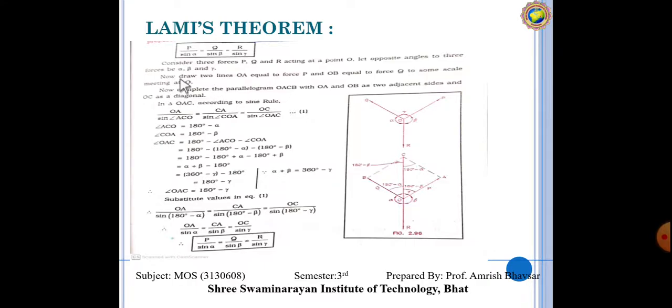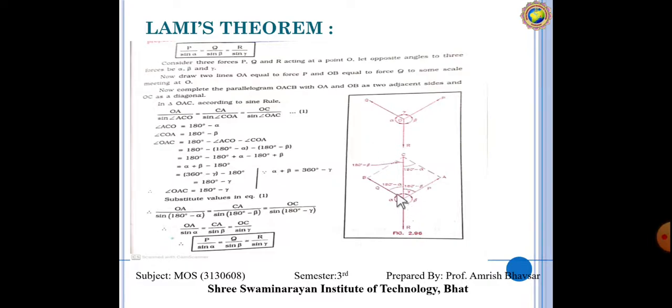Now we can draw the line OA equal to force P. This is our force P and this is the OA line. OB is over here, to some scale. Now complete the parallelogram. This is the parallelogram which is formed by that.